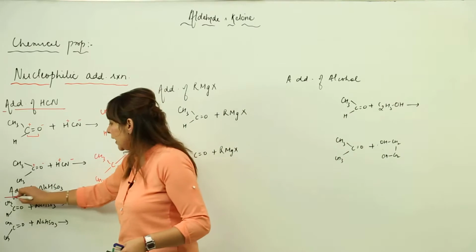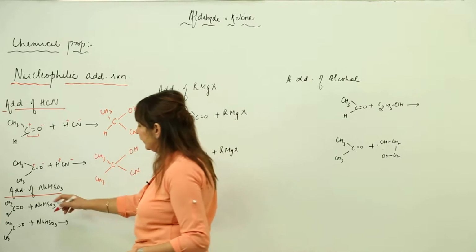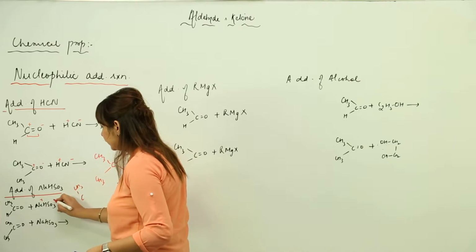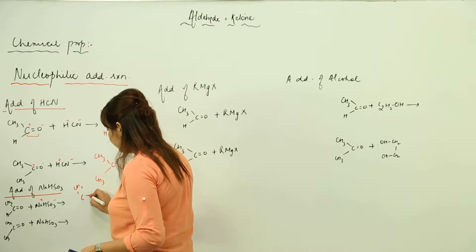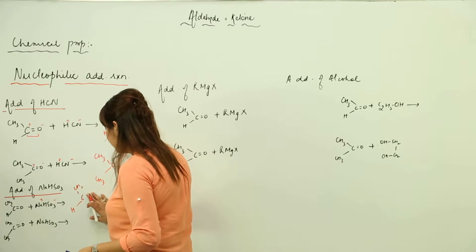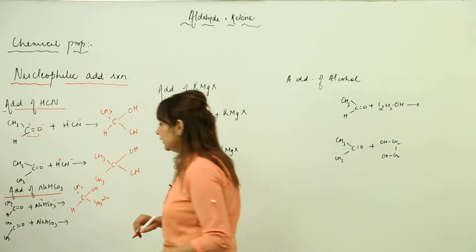Second, we are going to add sodium bisulfite to it. When we add bisulfite to an aldehyde, a similar kind of thing is going to take place. This will remain as such, and it will attach like this, OH and SO3Na.